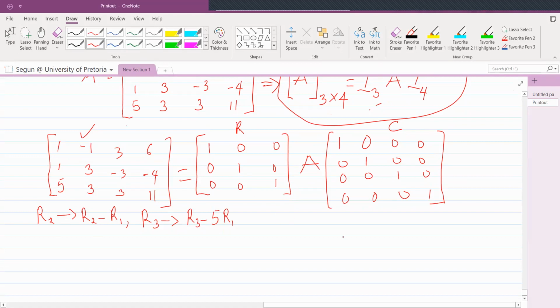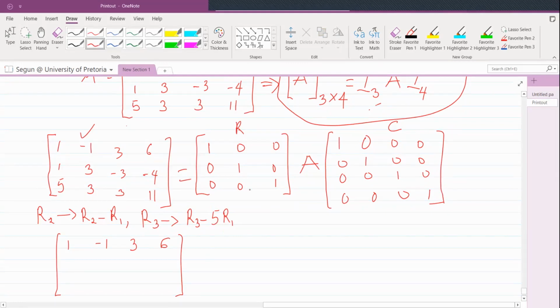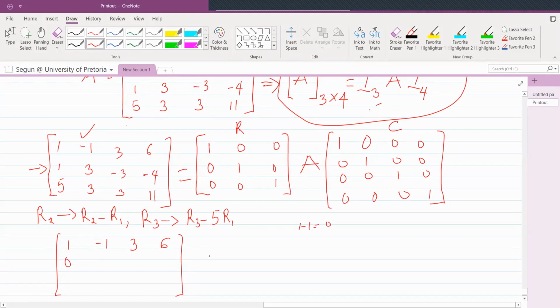Let me write it down. Remember, row 1 will still keep its own identity since the entry point is 1. So for row 2, meaning this row minus row 1, let's pick row 2. 1 minus 1 is equal to what? 0. Put it there.